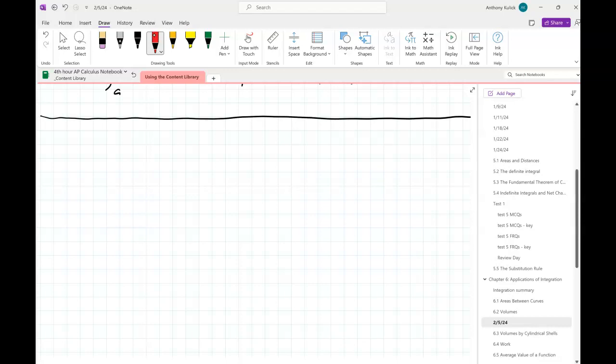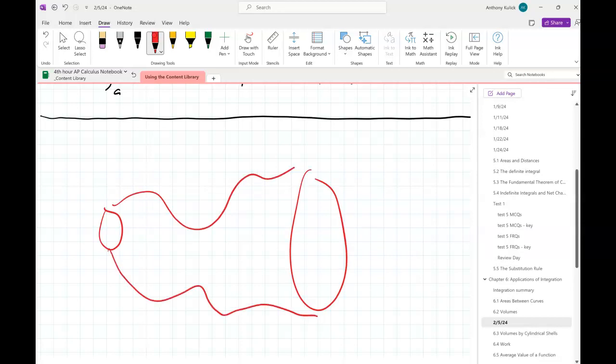So in 6.2, the idea was we're looking for volumes of solids. You have some kooky looking thing like this. It's not a cylinder, it's not a pyramid or a rectangular solid like a prism. It's not something we have an easy geometric formula for.